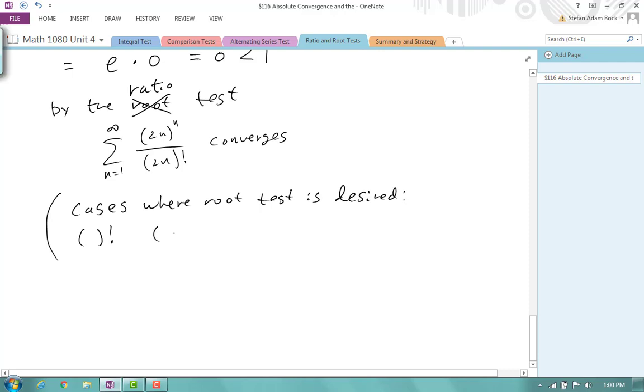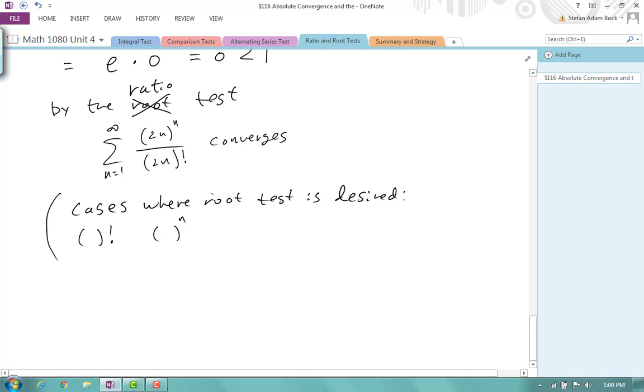But there's also something to the n. Maybe I have some expression raised to the nth power, but it doesn't quite fit a geometric series, or maybe I have something to the nth power and it's multiplied by a whole bunch of other stuff. Well, I'd either have to try to compare it with a geometric series, maybe with direct or with limit comparison, or I could jump straight ahead and try to use the ratio test.